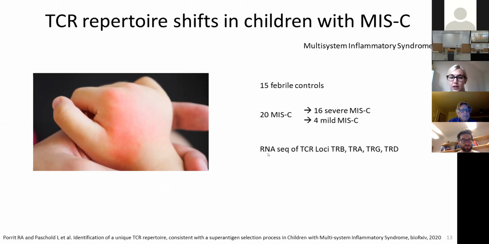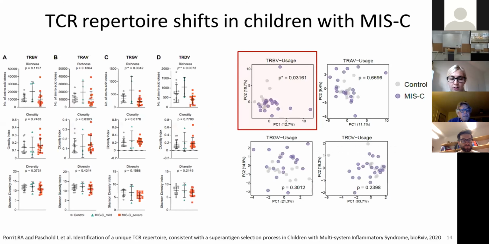And this time we did RNA-seq of the whole TCR locus with TRB, TRA, TRG, and TRD. And on average, the mild cases had richer repertoires again, which is in line with the data which we obtained with our adult COVID patients.